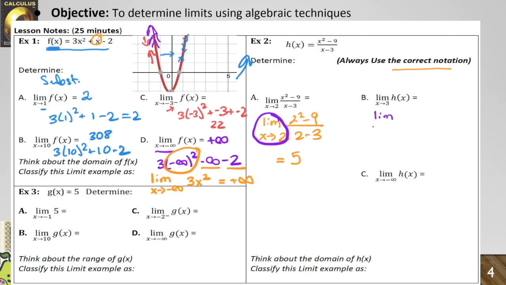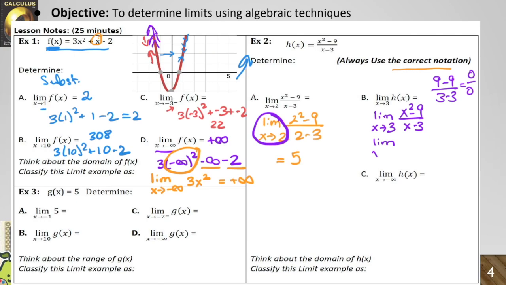For example, B, I have a limit as x goes to 3 for x squared minus 9 over x minus 3. When I do my substitution, oh no, you see my problem here, I hope, you get 9 minus 9 over 3 minus 3, which is 0 over 0. So that's a problem. We're going to have to do a little bit of factoring in order to determine this limit.